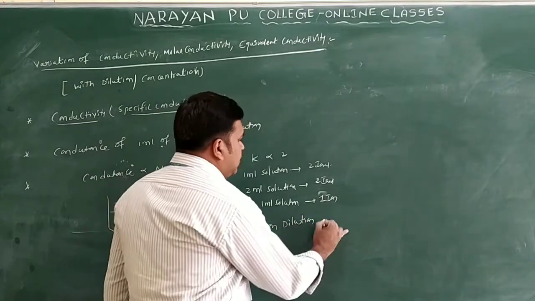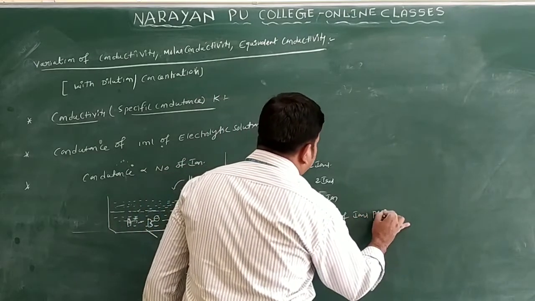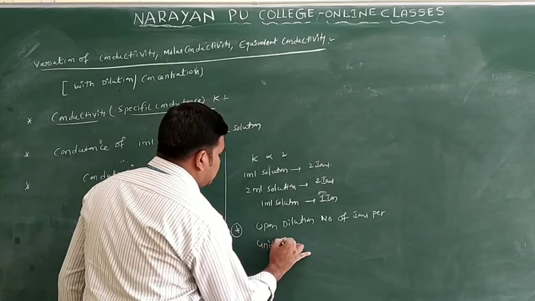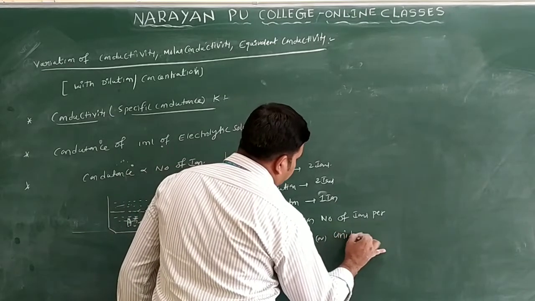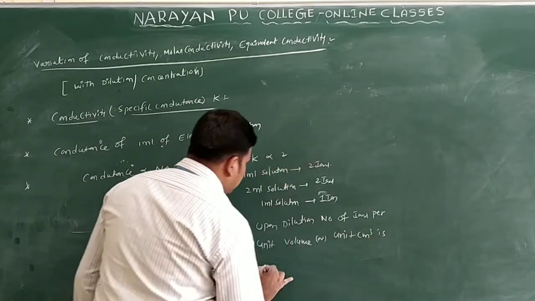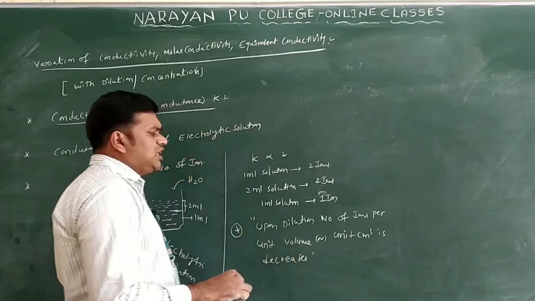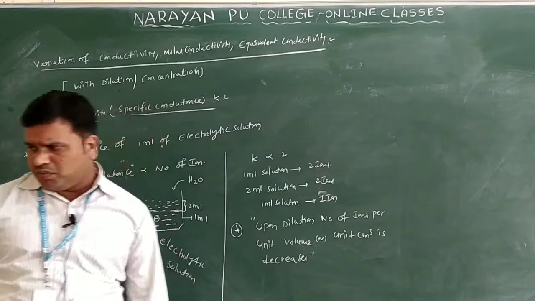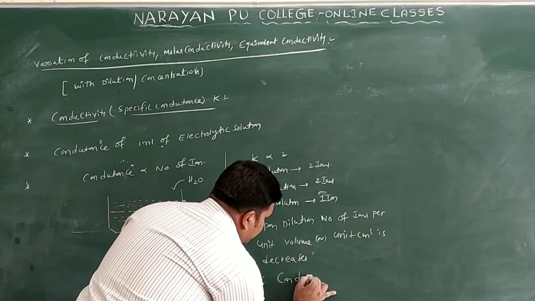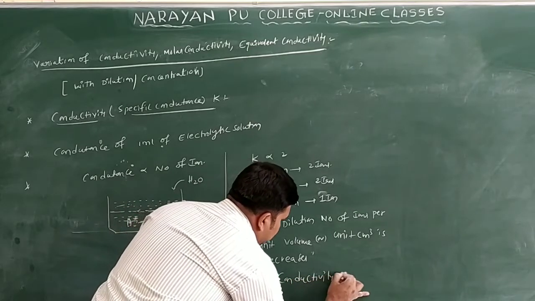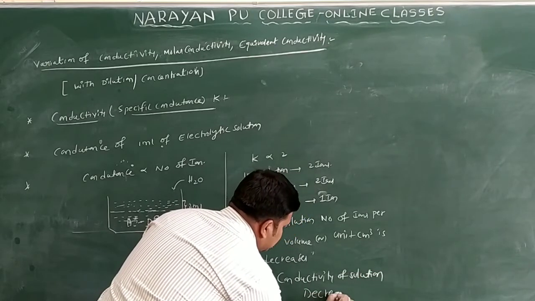Upon dilution, the number of ions per unit volume, or unit centimeter cube, decreases only. Therefore the conductivity of the solution decreases only.